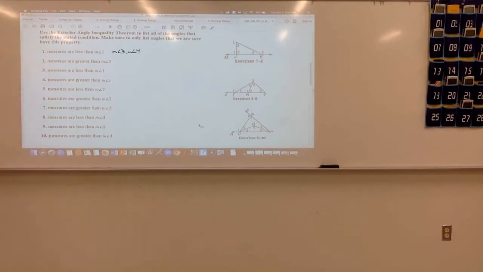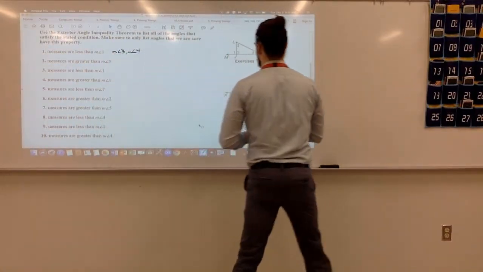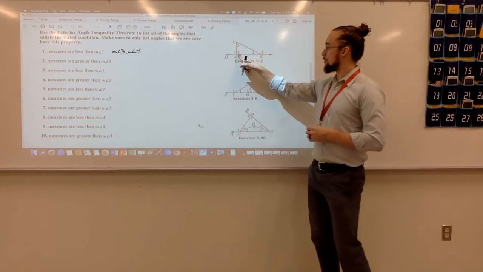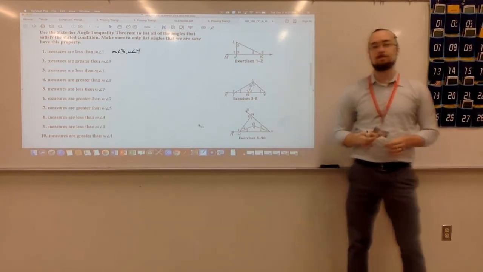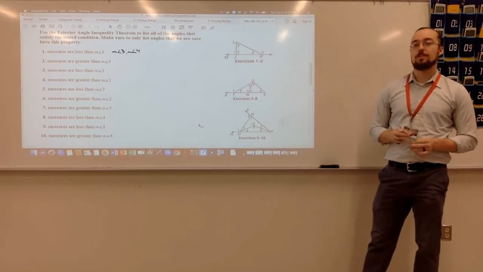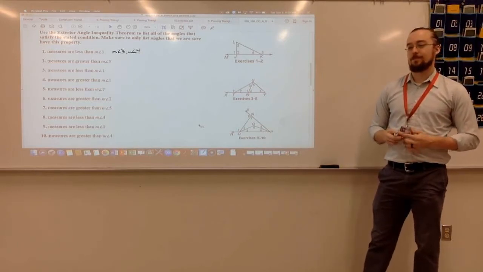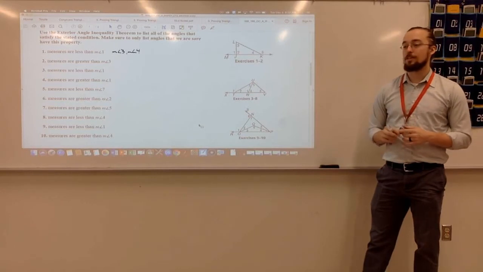Now, how about measures that are greater than angle 3? 2 and 5. Well, how do we know that 2 is? Because 1 is greater than 3.